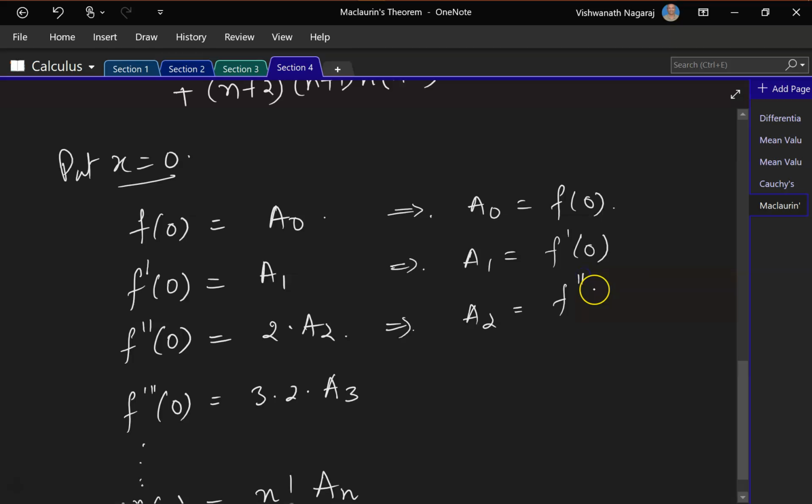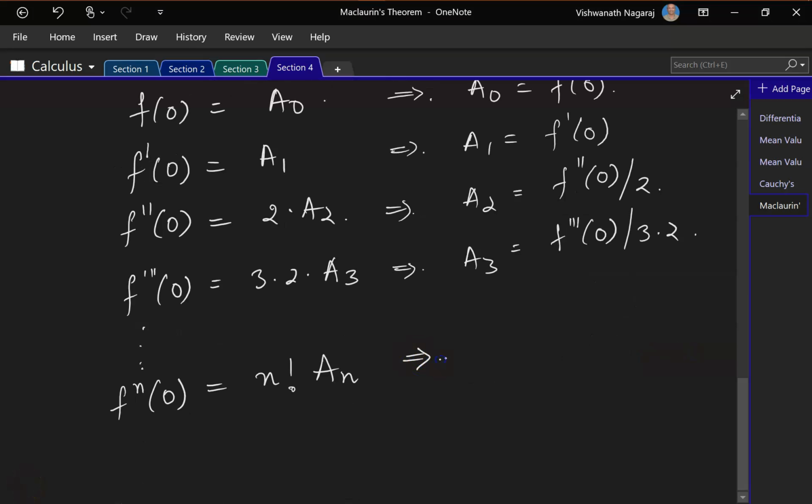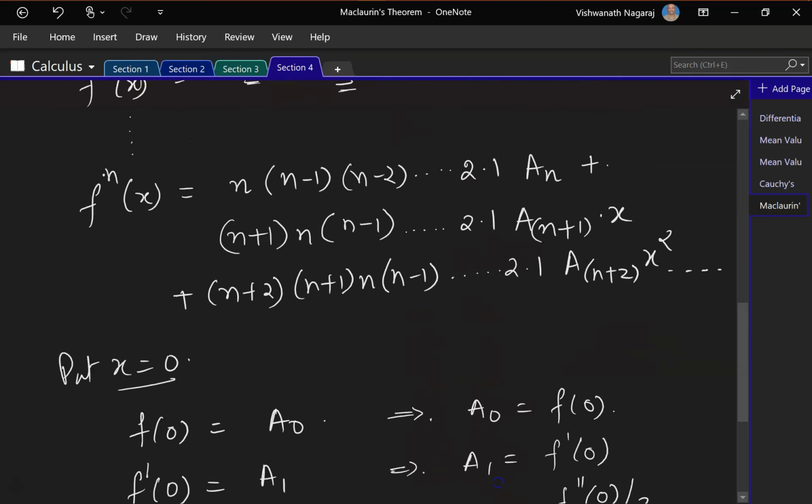F double prime of 0 divided by 2. a3 is what? F triple prime of 0 divided by 3 times 2. And in the case of nth term, an is equal to f^n(0) divided by n factorial.